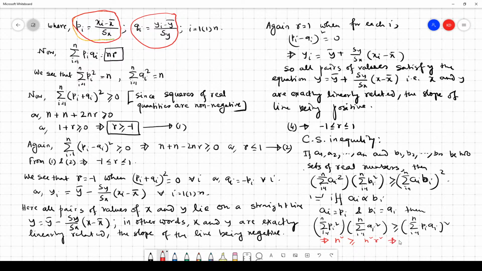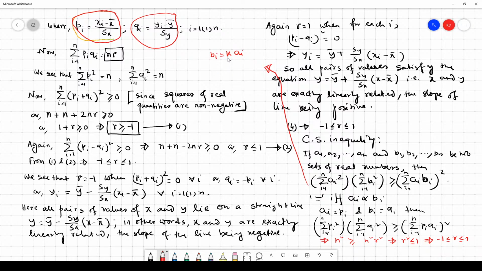So this implies r square is less than or equal to 1. Hence, r lies between -1 and +1. And equality holds, according to the CS inequality, when ai is proportional to bi. I can write this as bi proportional to ai, that is k into ai, where k is a proportionality constant.